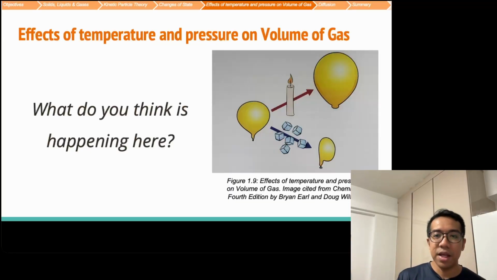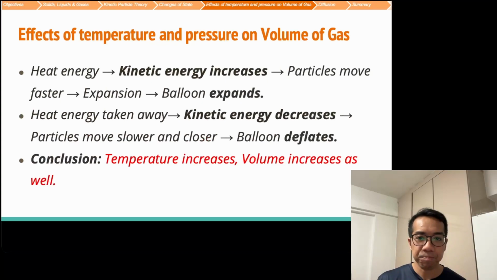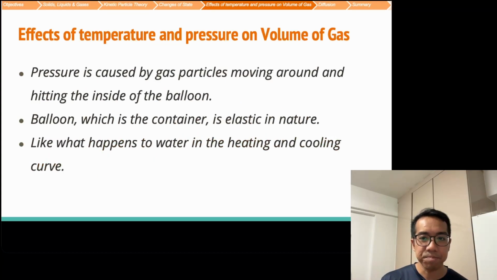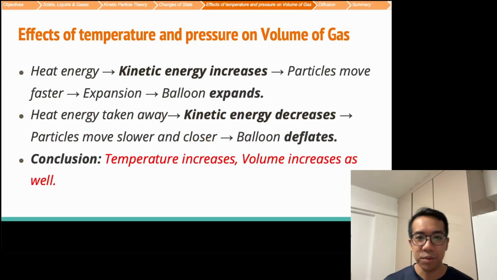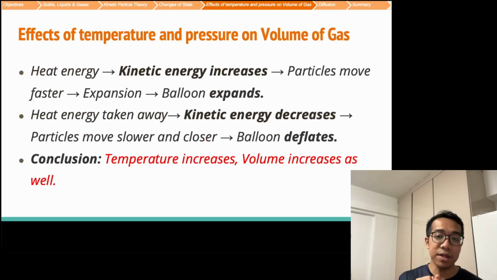Whereas, let's say if you were to cool the system, basically what happens is that the particles tend to slow down. When the particles slow down, the balloon deflates.